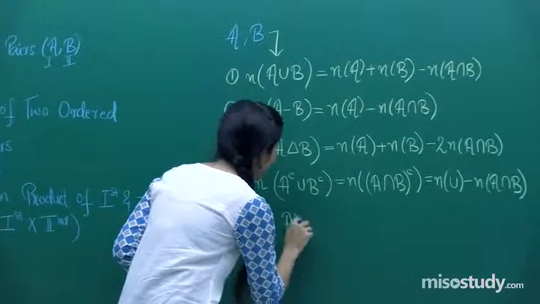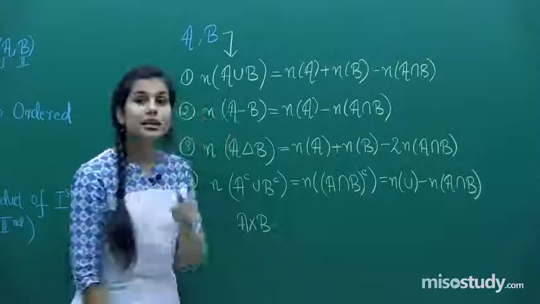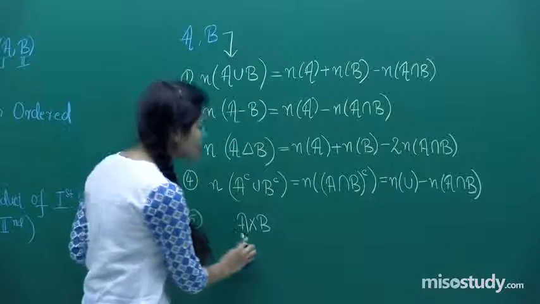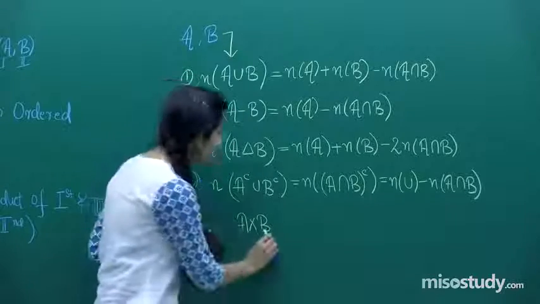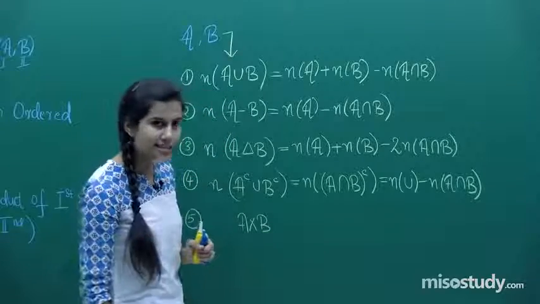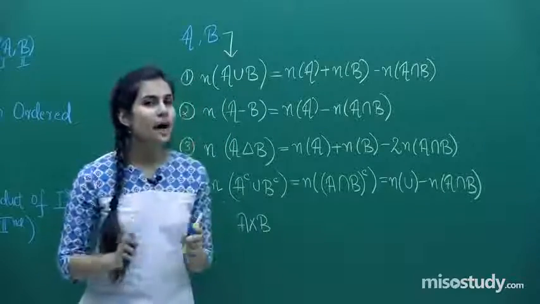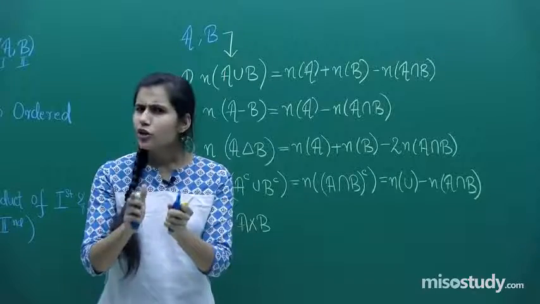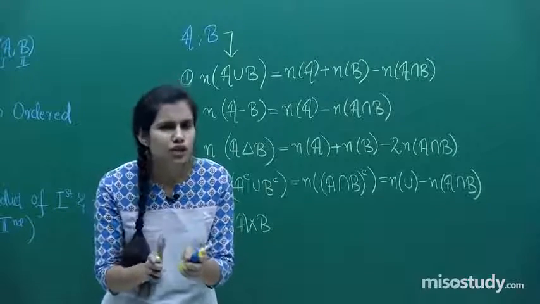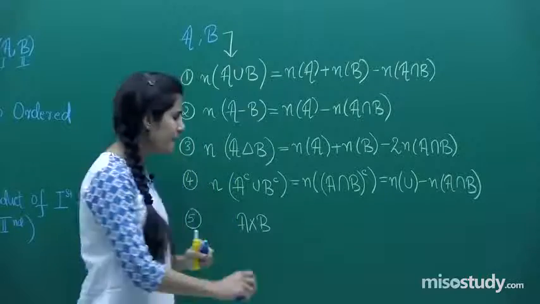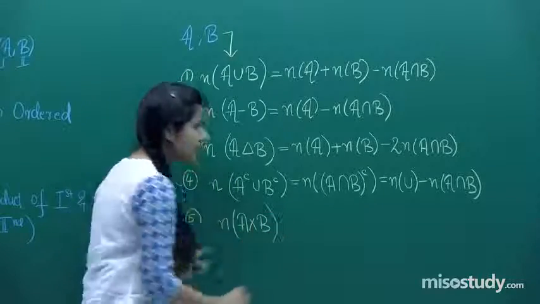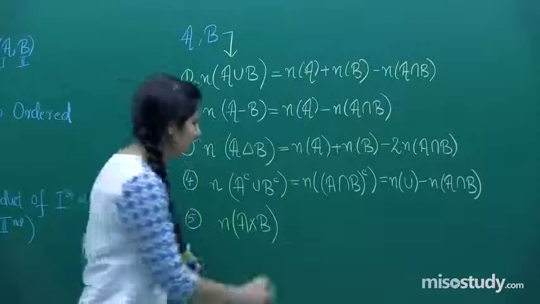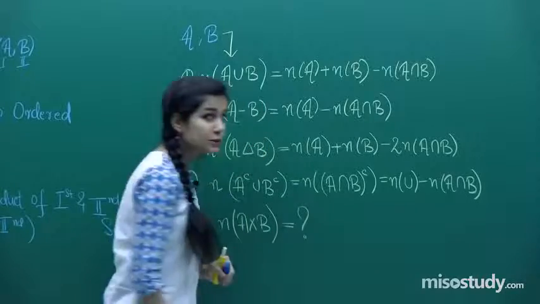I have A cross B, which is the Cartesian product of the set A first and then set B at the second place. If you know the number of members sitting inside set A and set B, are you in any way in a position to find out the number of members in its Cartesian product? What do you think it should be?